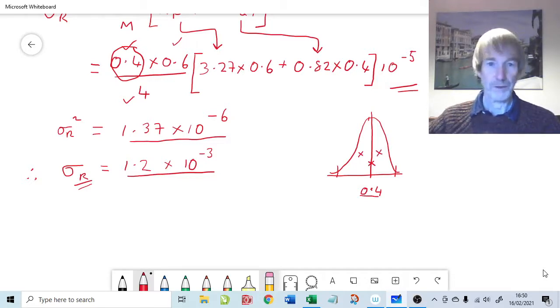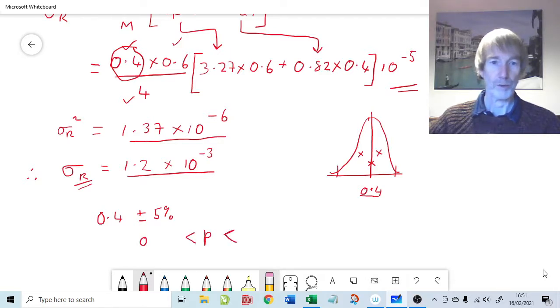But our specification says in the question that we're expecting 0.4 plus or minus 5%, and 5% of 0.4 is 0.02. So in other words, we're expecting P to vary between 0.38 and 0.42 to be in specification.